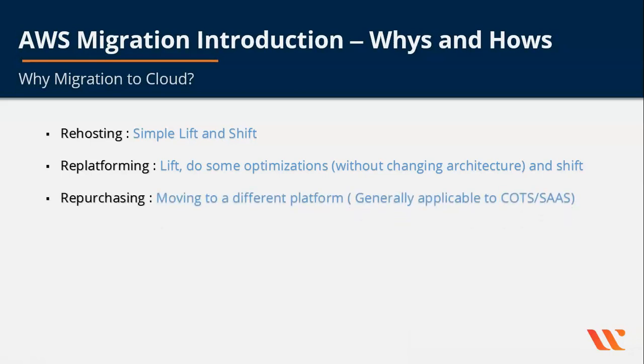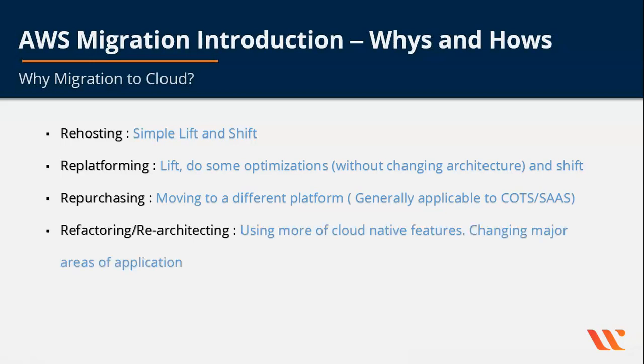The third is repurchasing, where you are moving to an entirely different platform, and generally it is applicable to COTS, the commercial off the shelf software, or software as a service. For example, you are trying to move from one email provider such as Microsoft to another email provider such as Google. That would be a complete repurchasing and moving to a different platform.